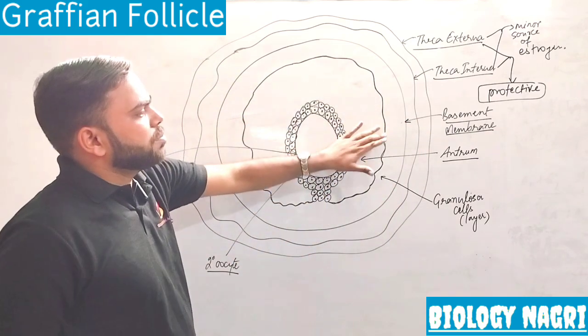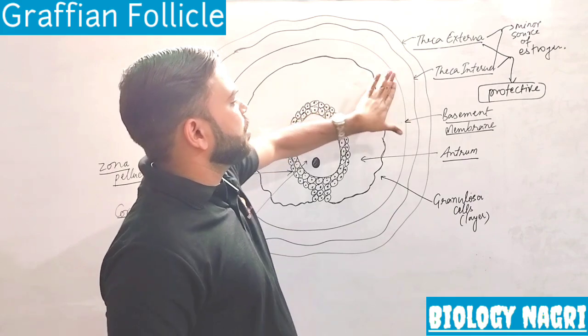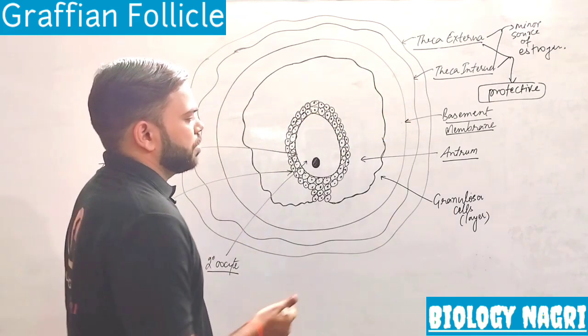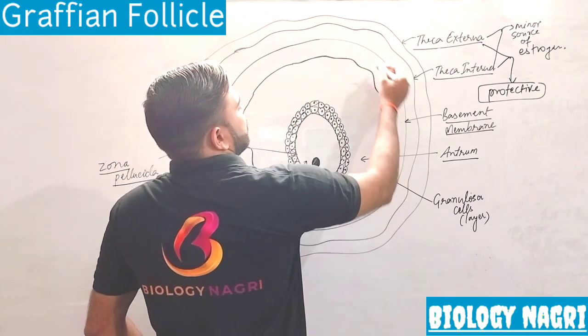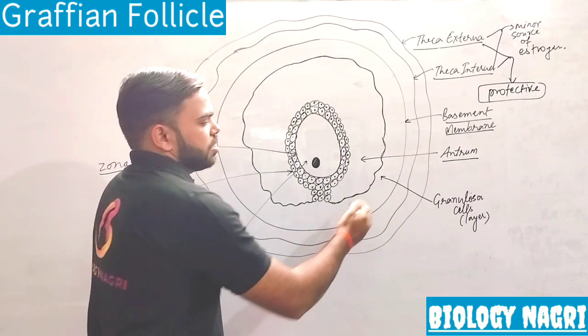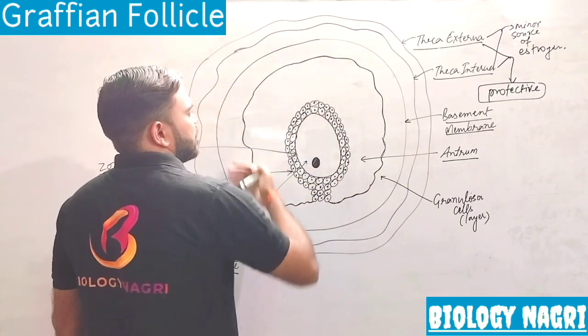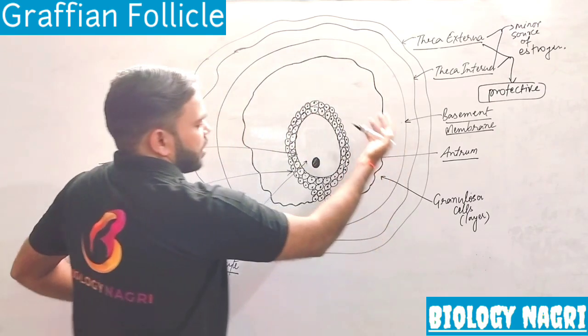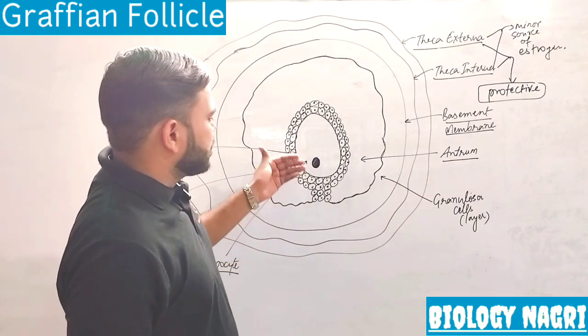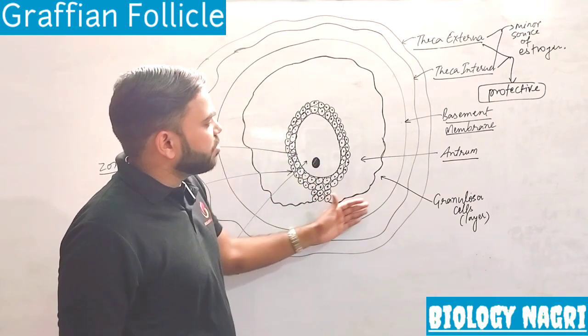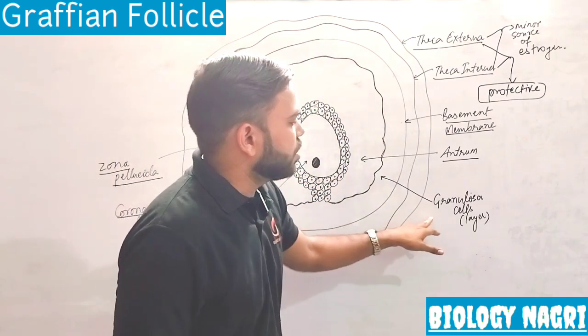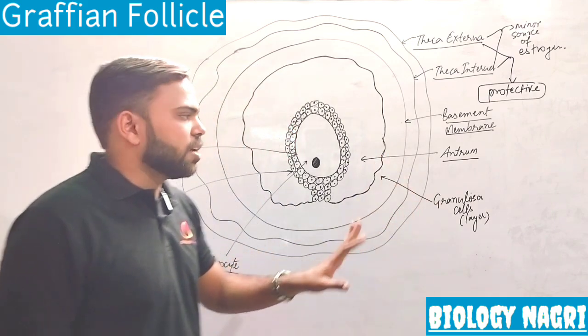Now see what happened. Here are the cells called granulosa cells. These granulosa cells cover the Graafian follicle, or rather the secondary oocyte, and form a covering called the granulosa layer.